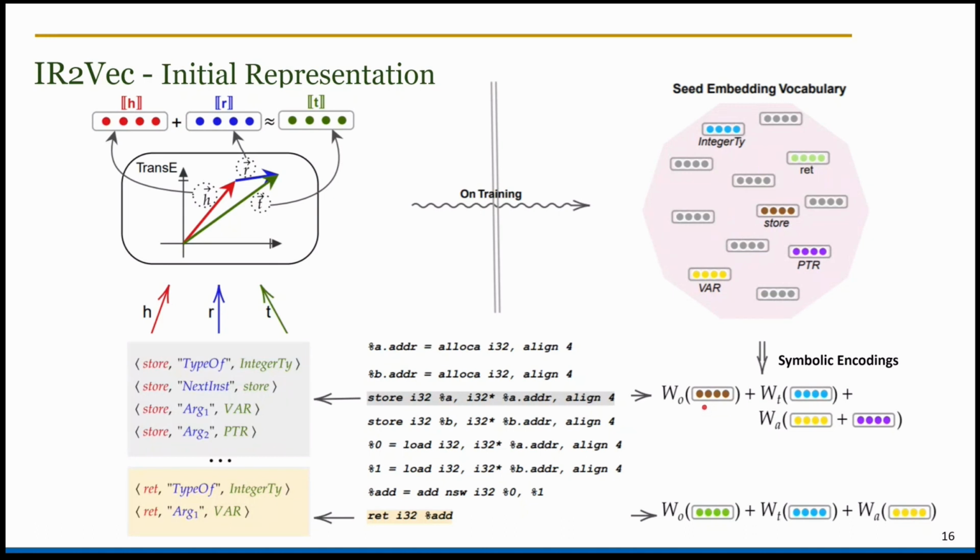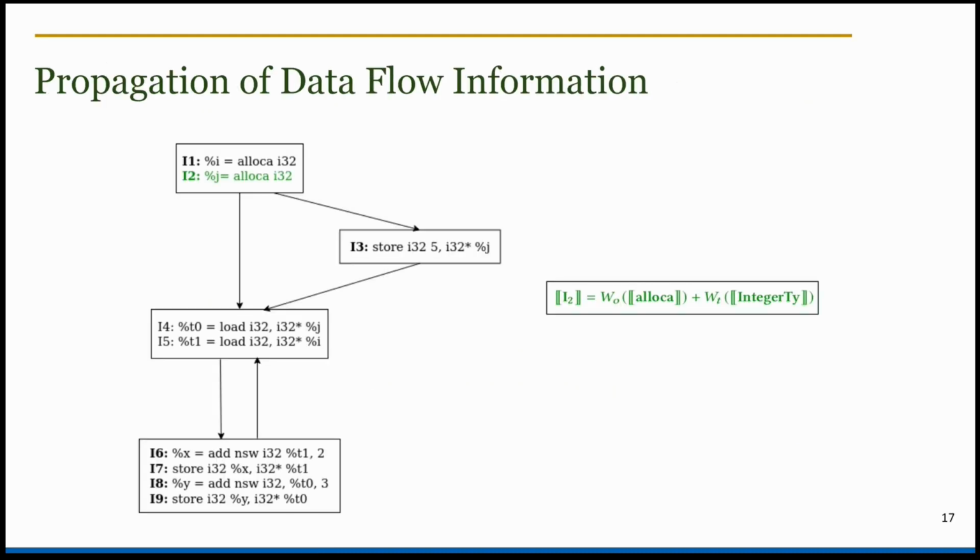At the end of this process, every instruction gets an n-dimensional vector representation, which can be further processed. We call this the symbolic representation, which is devoid of any program-specific properties, apart from the next instruction and so on.